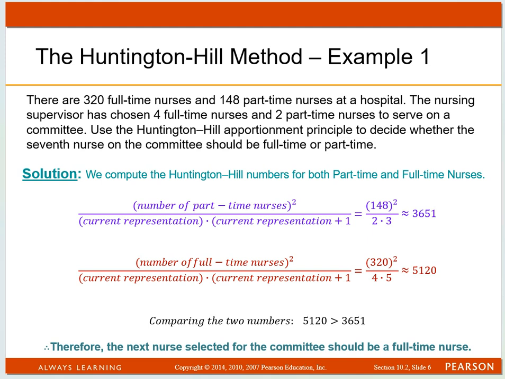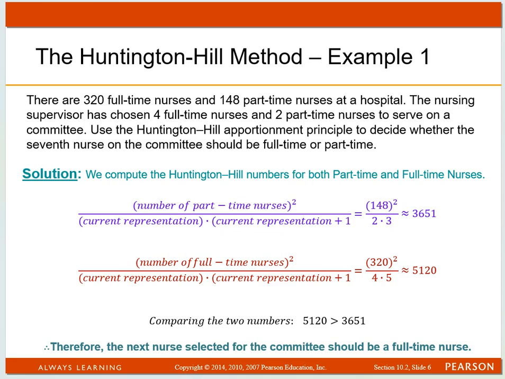So right now they got 4 full, 2 part, that's 6 nurses altogether on this committee. And maybe they've gotten more and more things to be assigned to do on this committee, and they're like, we need help, we need help. We need a 7th nurse to help us out. Okay, who should it be? Should it be another full-time one or one of the part-timers?